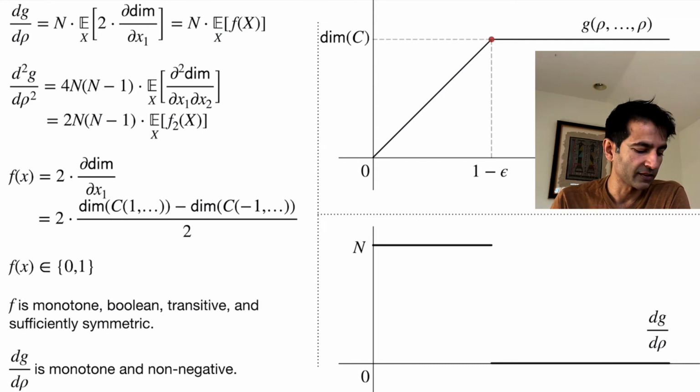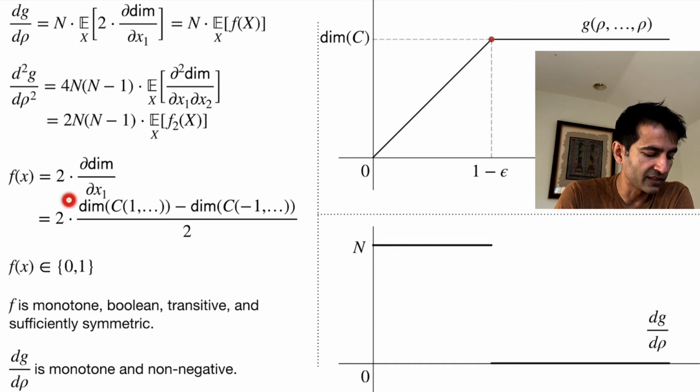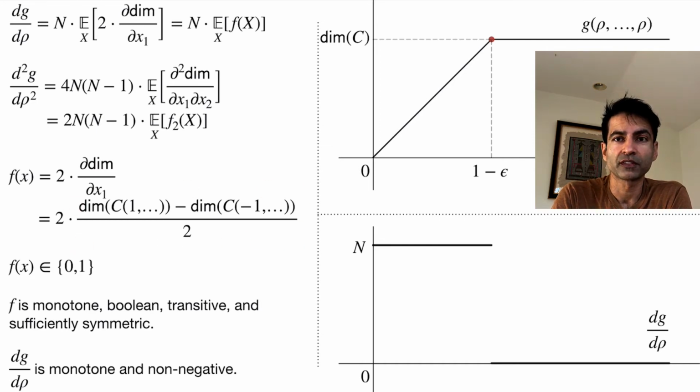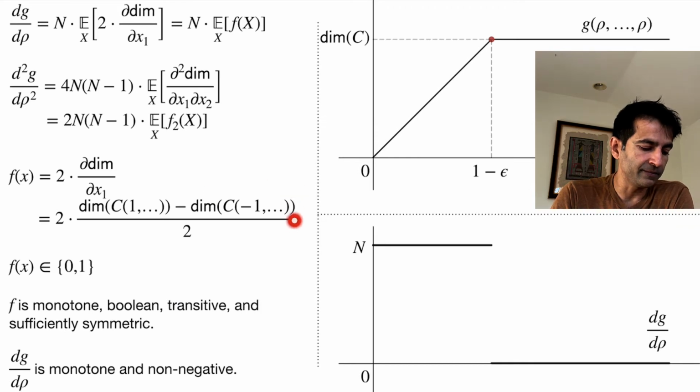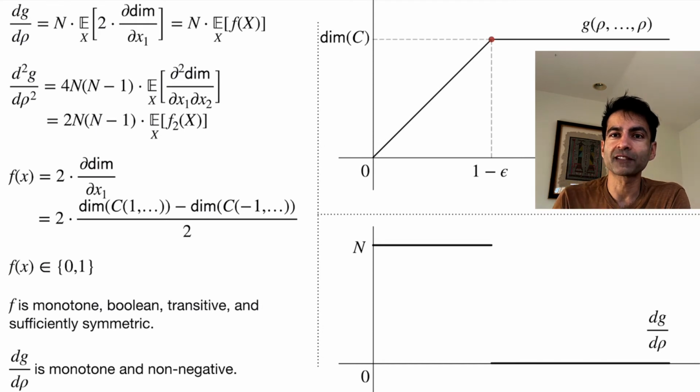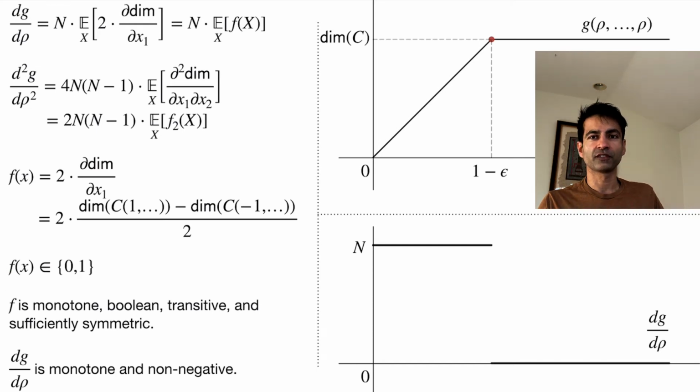That's the first consequence. The second consequence is, if you think about this expression, you see that f of x is monotone and non-increasing. It cannot increase. That's the second consequence. And moreover, f enjoys all of the symmetries that the underlying code enjoyed.